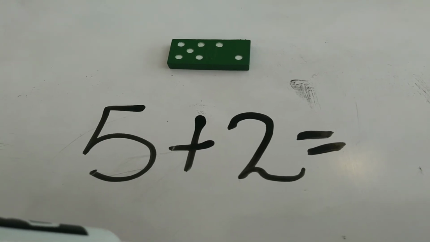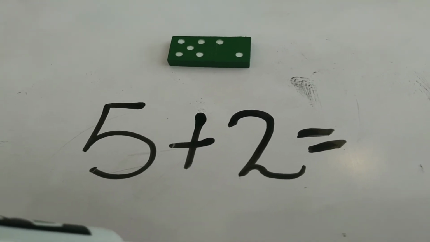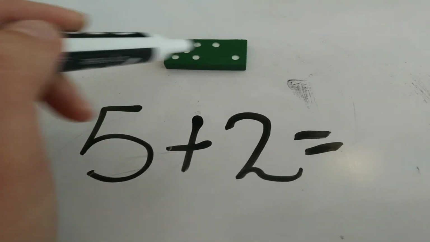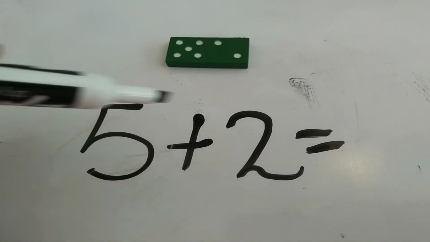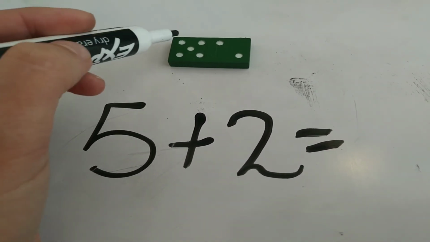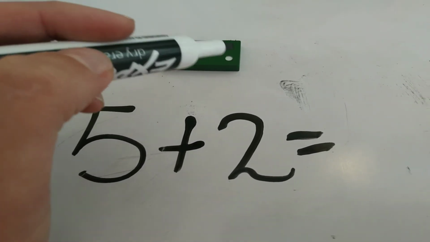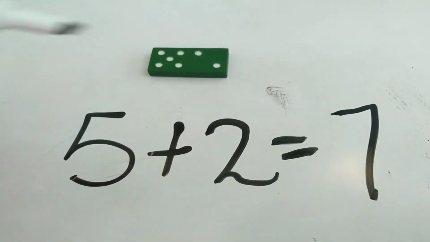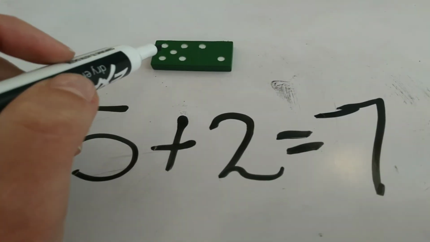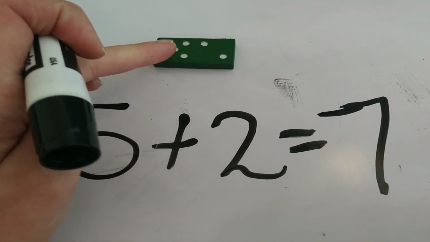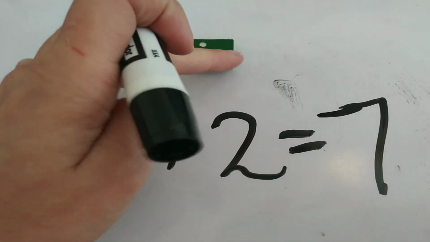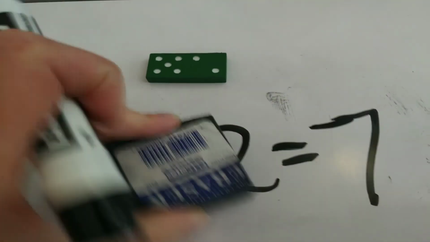What do I have to do? Very good. I have to count both groups because now I'm making one big group. Here we go. 1, 2, 3, 4, 5, 6, 7. And remember, if you know how many are on one side of the domino, you can count up. So I can go like this, 5, 6, 7. There's more than one way to count up everything, okay?